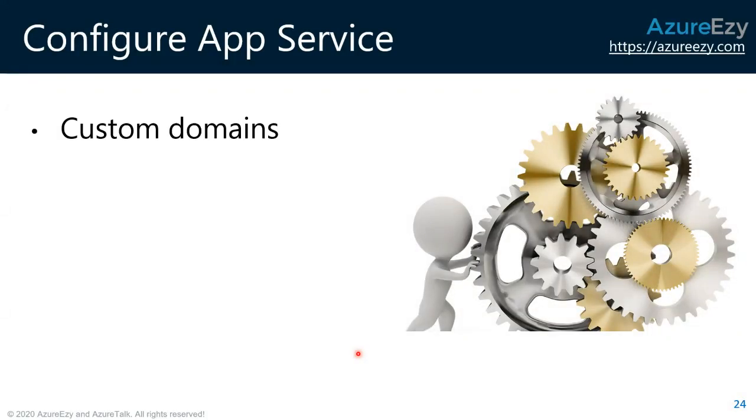When you use this app service, you can configure various properties on your app service, and these are a few configurations that you may need based on your needs. One of the things that you will need is a custom domain.